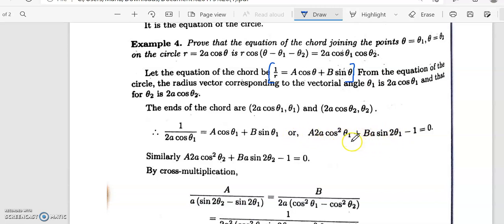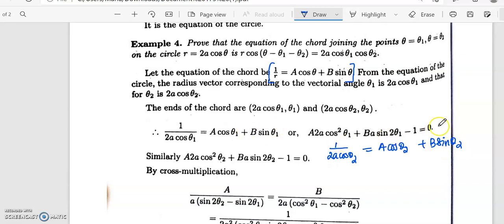So this is the first equation you are going to get. Similarly, 1 by 2a cos theta 2 will be equal to a cos theta 2 plus b sin theta 2. So from this equation we will get 2a into a cos square theta 2 plus b a sin 2 theta 2 minus 1 equal to 0.